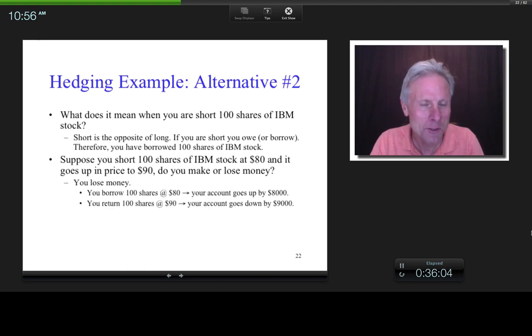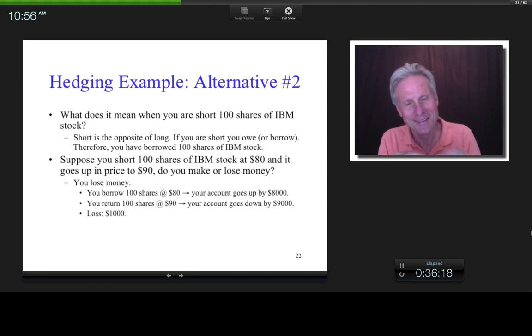Then it came time to return the shares, but now you're returning them at 90, so your account goes down by 9,000, and so you've lost money. But when you're short something and that something goes down in value, have you made or lost money? You've made money, right?